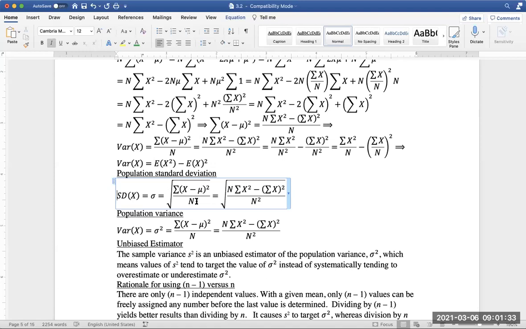It is the square root of the sum of (x minus mu) squared, all divided by n. By the simplifying computational formula, it is the square root of n times the sum of x squared minus the sum of x quantity squared, over n squared.